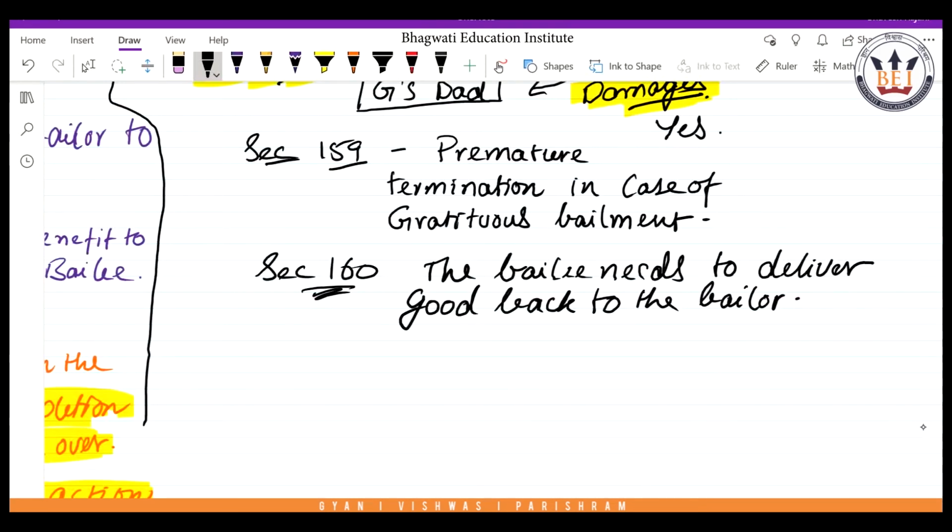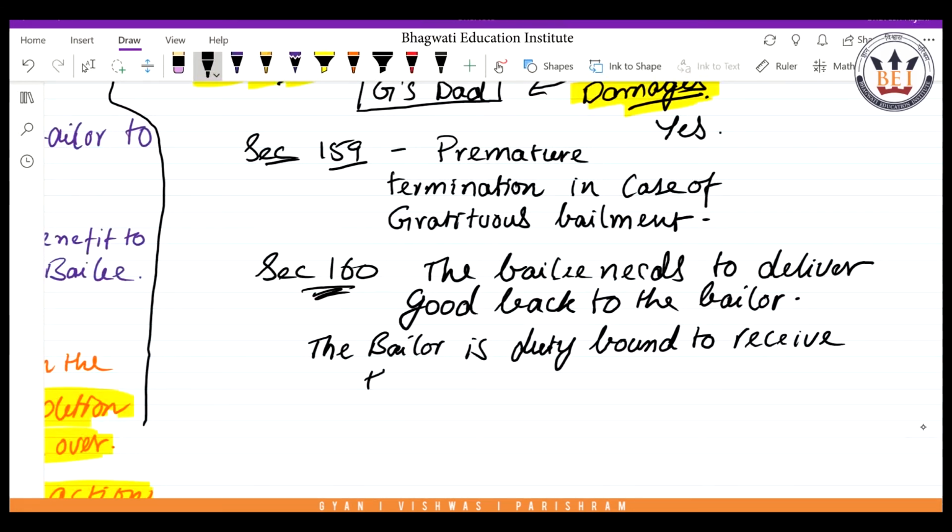उसका मतलब भी यही होता है ना, the bailor is duty bound to receive the goods, right?